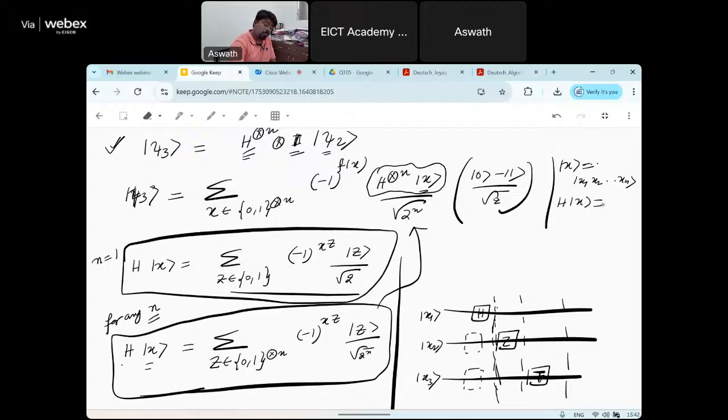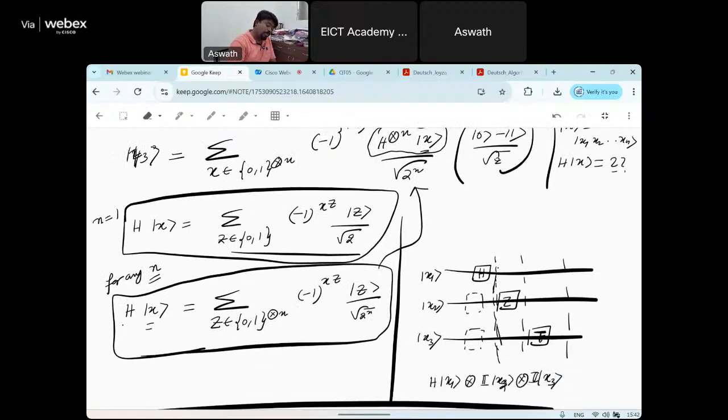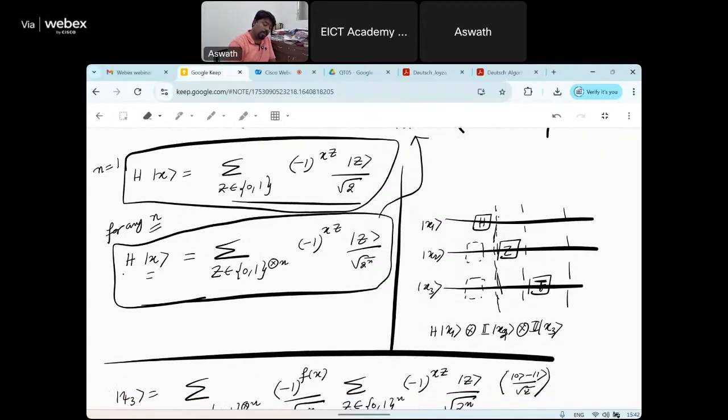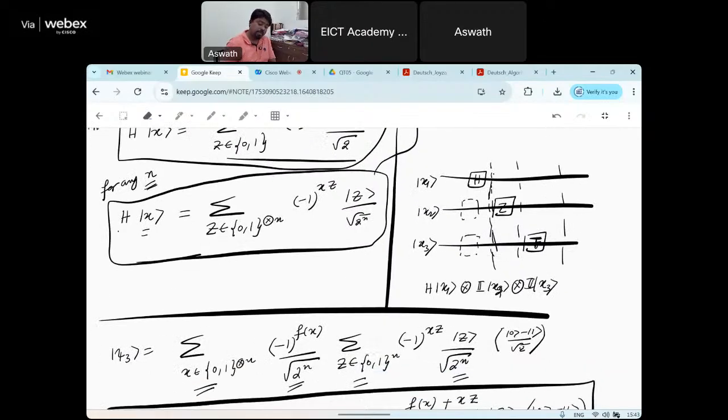For that, you can start with the n equal to 1 case, which comes out to be H acting on x is just (-1) to the power of xz, |z> divided by square root of 2. For any n, (-1) to the power of xz, |z> divided by the square root of 2 to the power of n.